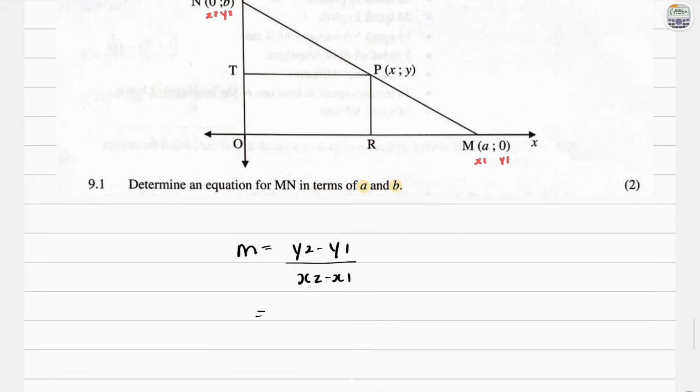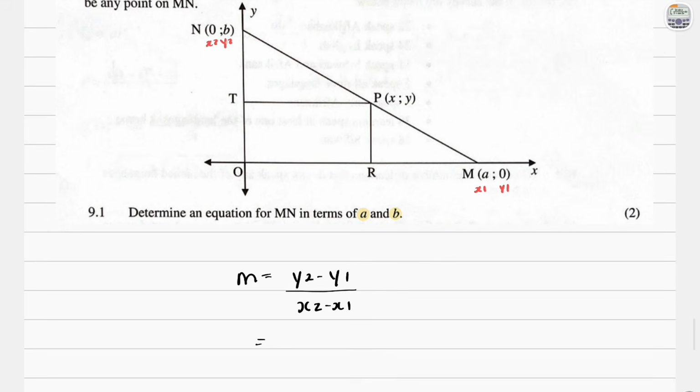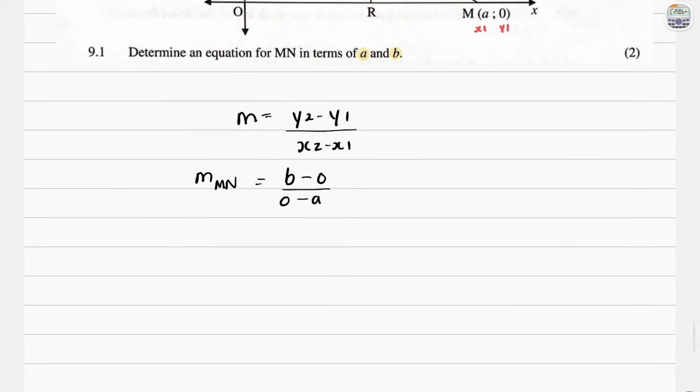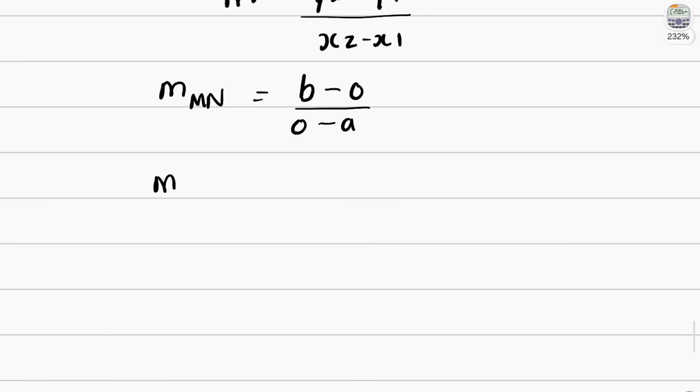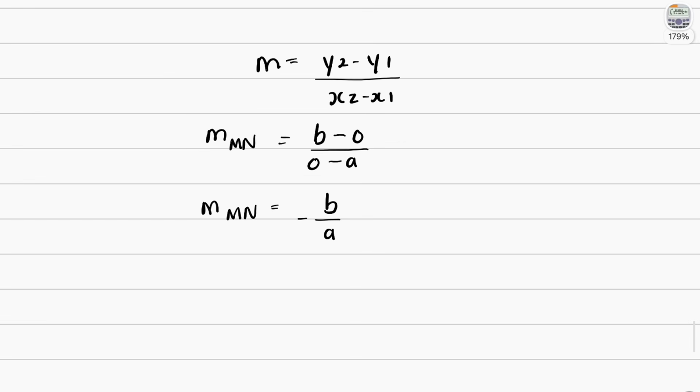This is the gradient of MN: b minus 0, that's the y1, over 0 minus a. So b minus 0 is b, and 0 minus a is negative a. It's just going to be negative b over a.